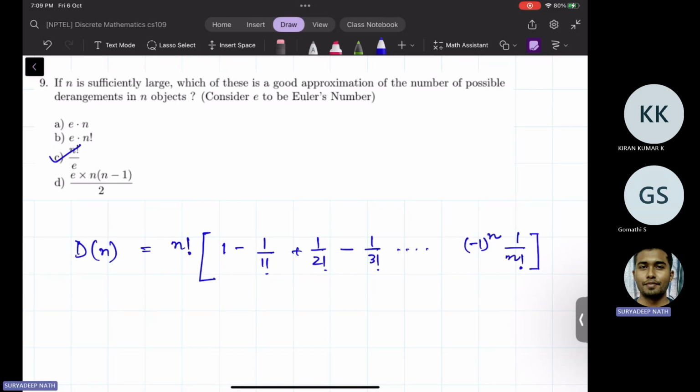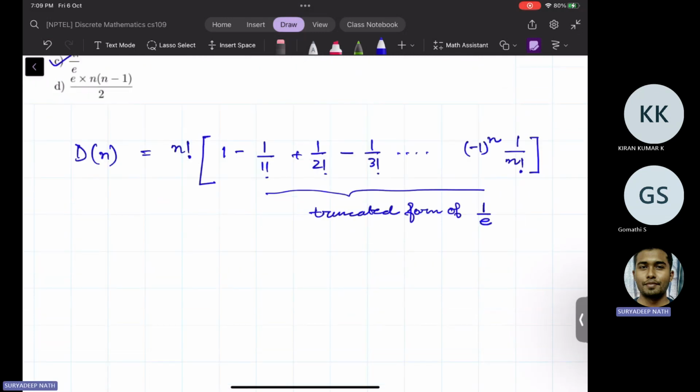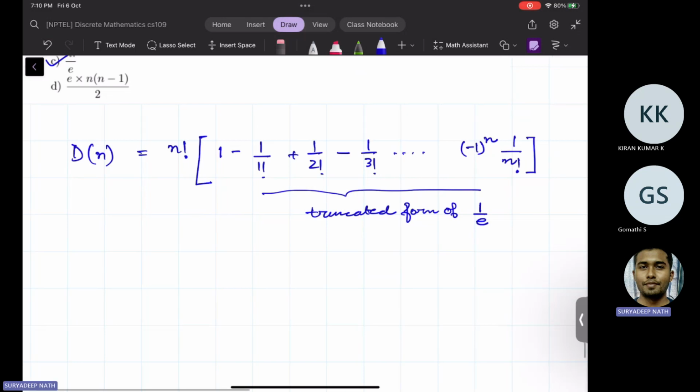So this is a truncated form of 1 by e. In actual, 1 by e is the limit as n tends to infinity.